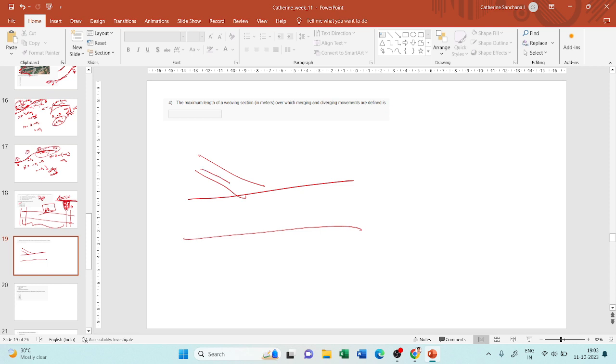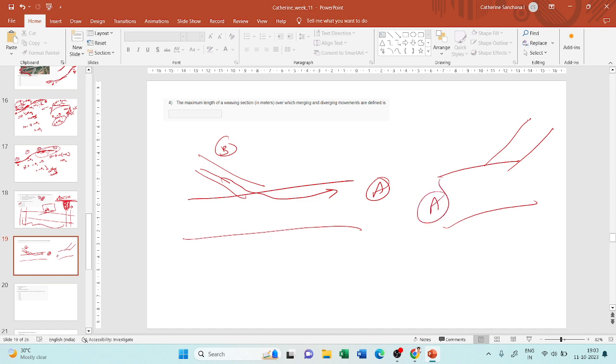If I try to enter this main road, say A, from this road B, then I will merge into this mainstream. So this is called merging action. Similarly, diverging: this is my road A and this is my road B, and if you wish to shift your direction from A to B, then you will diverge from this road and enter B. So this is my merging action and this is my diverging action.